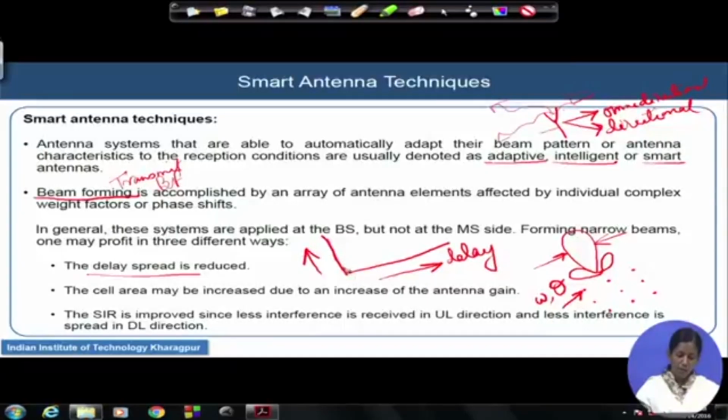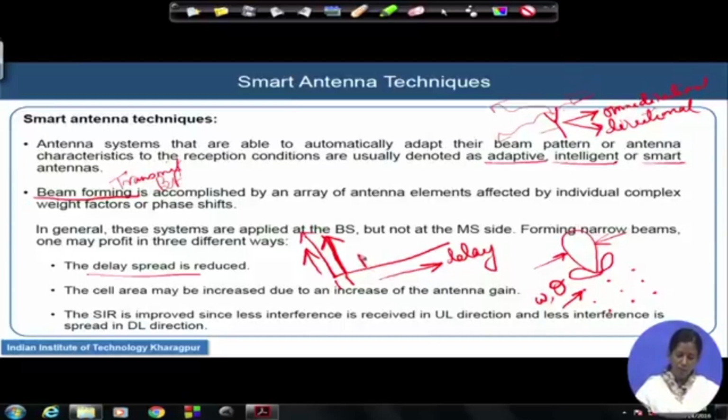The direct line of sight path arrives with some initial delay from the transmitter, because the transmitting time and the reception time cannot be instantaneously the same. So if this is t equal to 0, with the initial transmit to receive delay, after that time the line of sight path will come from transmitter to receiver.